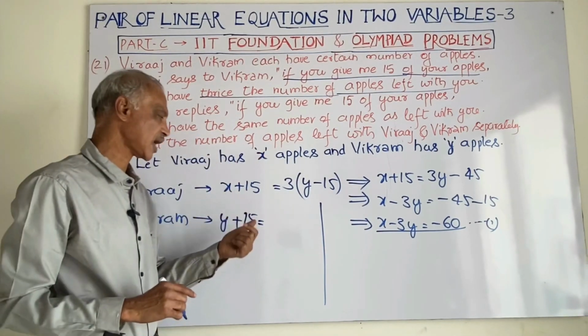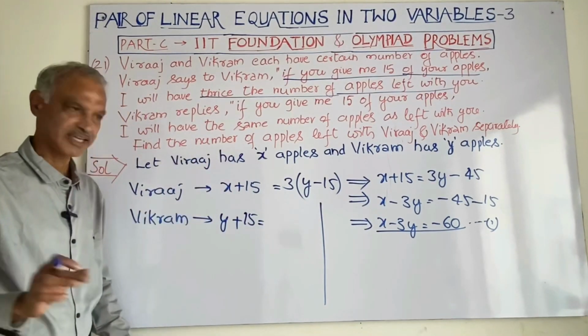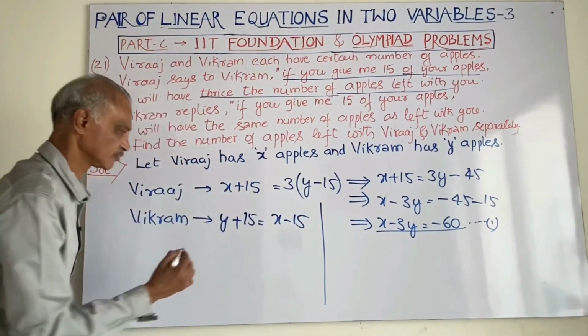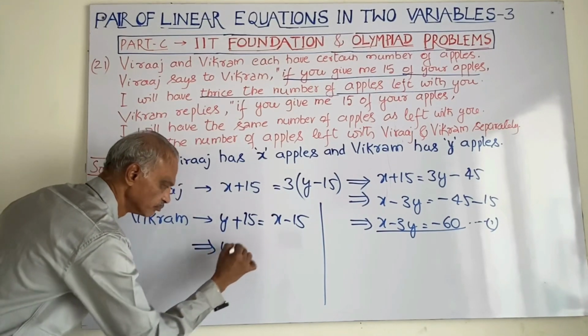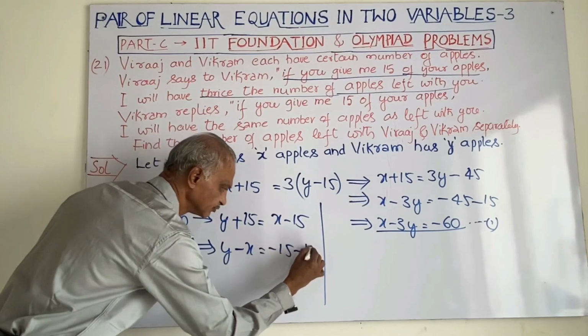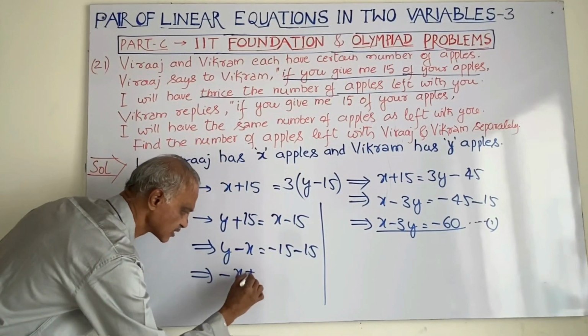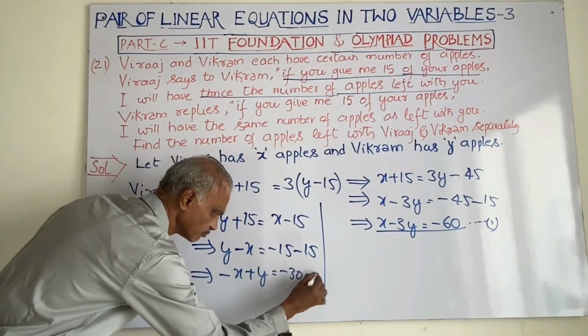How many apples are left with Viraj? X minus 15. Now this can be written as Y minus X is equal to minus 15 minus 15. Then it can be written as minus X plus Y is equal to minus 30. This is equation number 2.